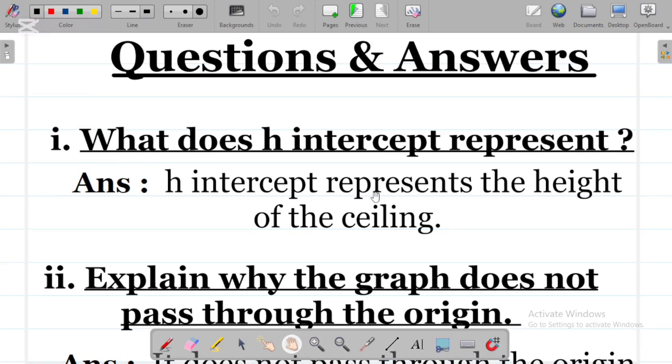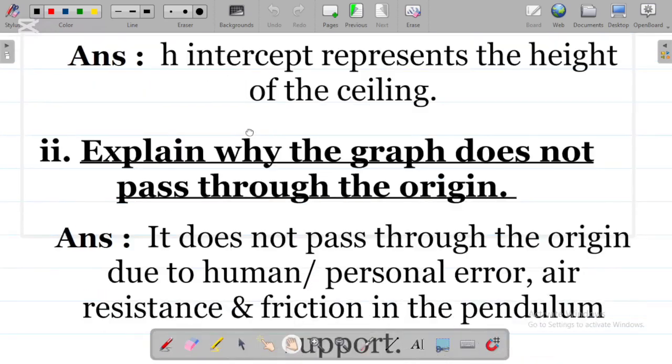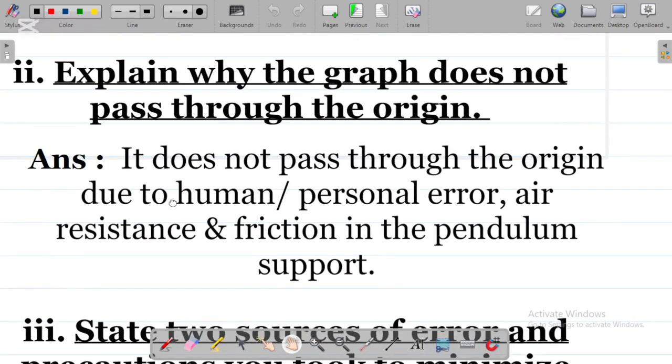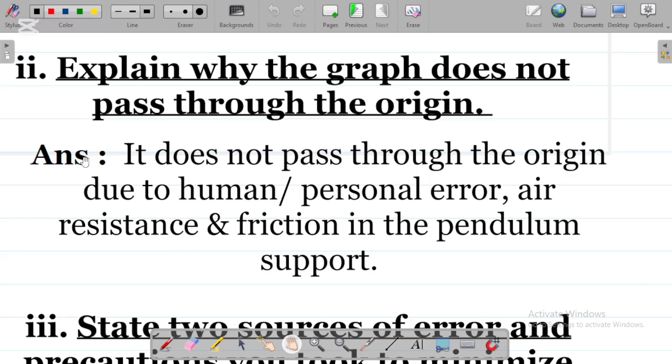H-intercept represents the height of what? The ceiling. And for the second one, explain why the graph does not pass through the origin. The answer is, it does not pass through the origin due to human or personal error, air resistance, and friction in the pendulum support.